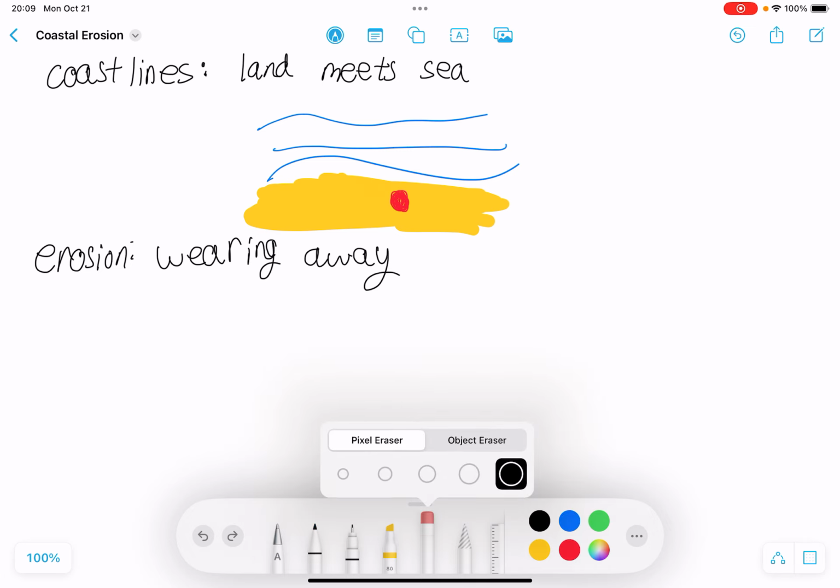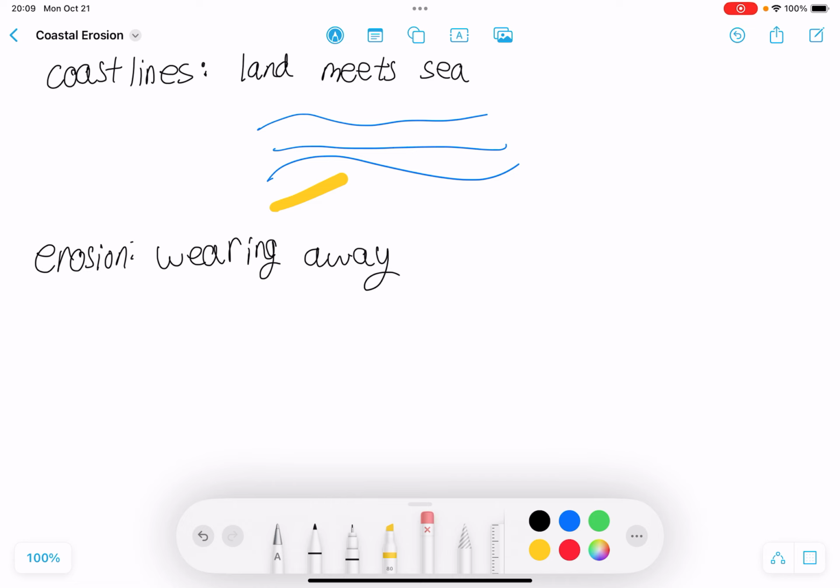But this process is not really obvious to us because it takes tens to thousands of years for a stage of erosion to occur. Many coastlines right now are still in the process of eroding. Other than erosion, there are also 2 other ways that coastlines are shaped.